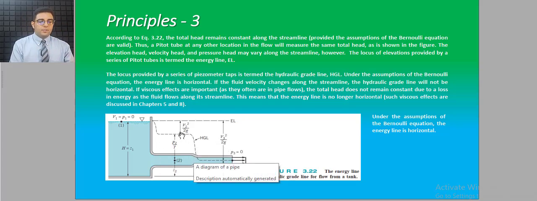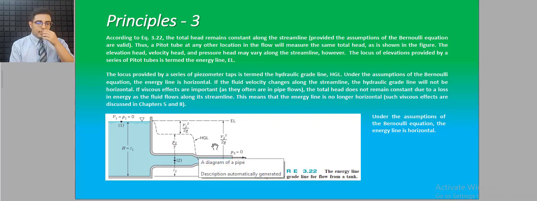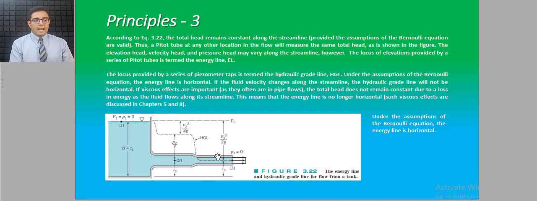If we go upside, for example here, if we want to have the pressure at point 2 calculated in this side, it's going to be negative, owing to the fact that it's above the HGL.